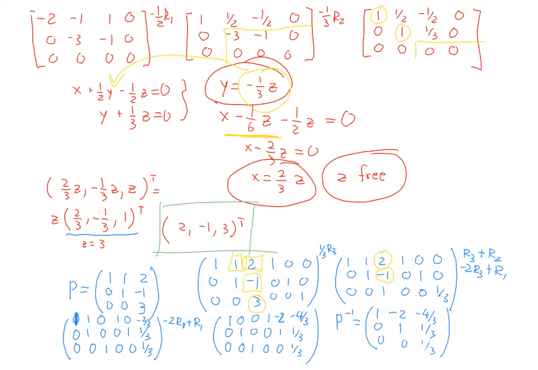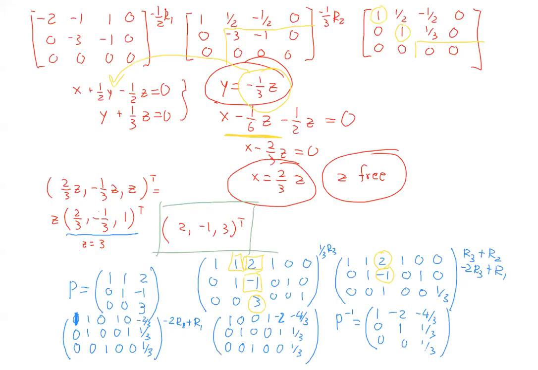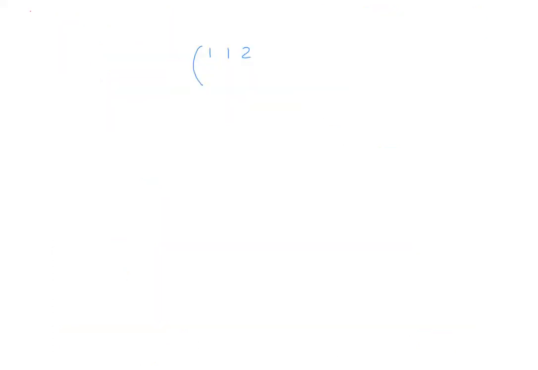Now we can put the whole equation together. We're all set. And what is our equation? We will have 1, 1, 2; 0, 1, -1; 0, 0, 3.